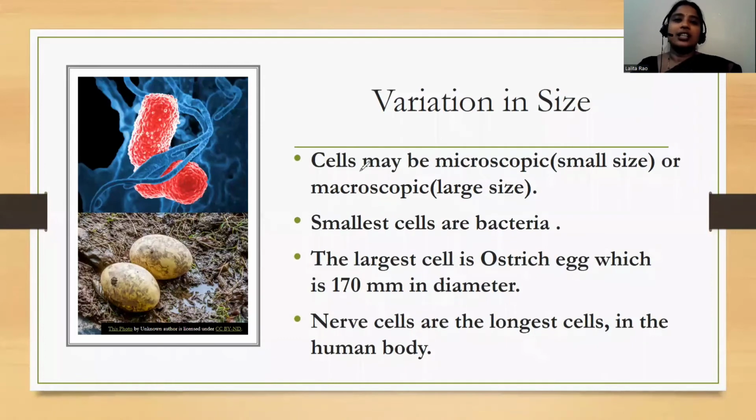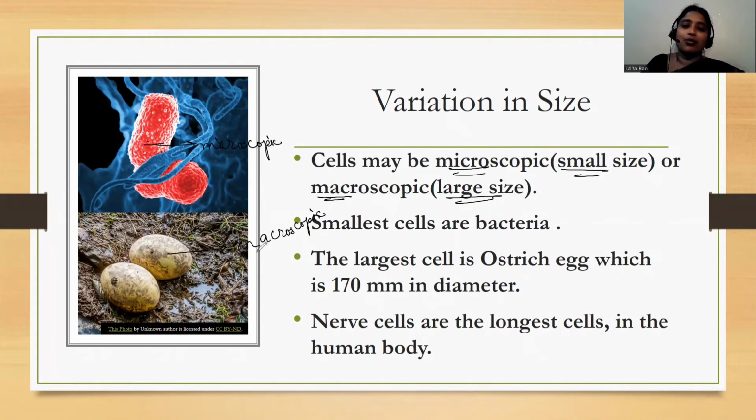The size of a cell may be microscopic, that is, very small, or it may be macroscopic, that is, large. These are the microscopic cells, very small in size. We cannot see them with the naked eye. And these are macroscopic. We can see them with the naked eye.